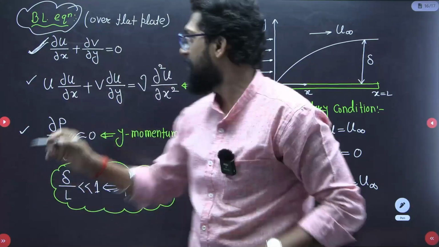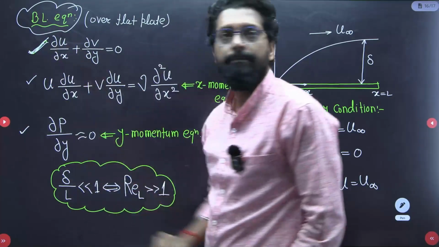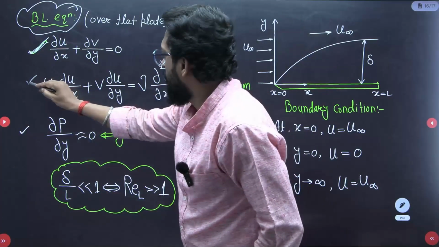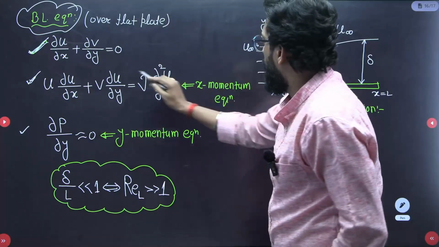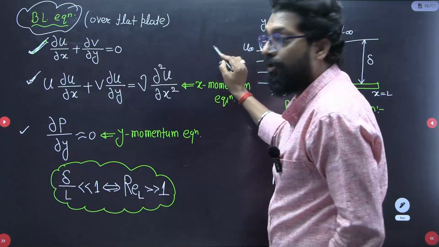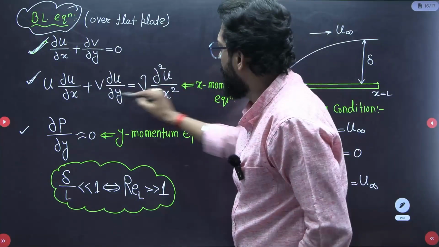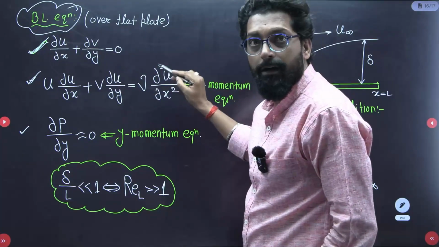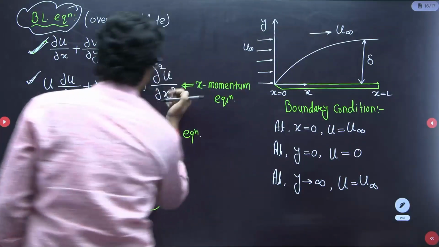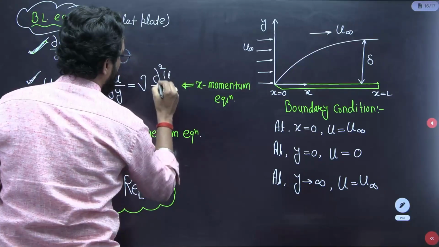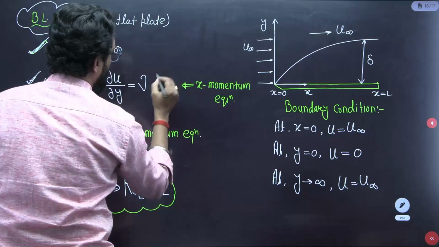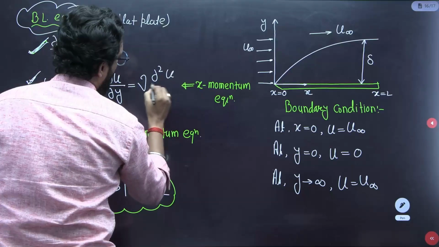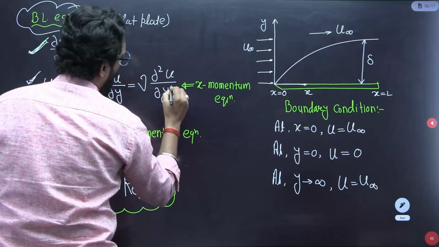The boundary layer equation is that the first one is the continuity equation. The second one is your momentum equation in the x direction, where the pressure term is 0, and this is your diffusion in the y direction, not the x direction. This is your dou square u over dou y square.